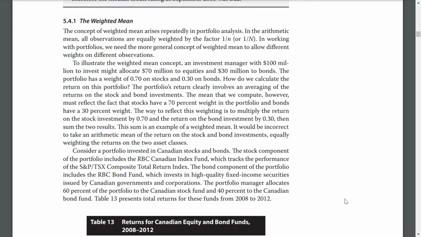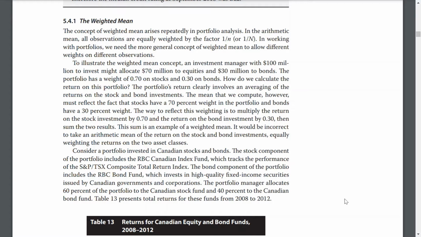The way to reflect this weighting is to multiply the returns on the stock investment by 0.7 and the returns on the bond investment by 0.3, then sum the two results. The sum is an example of a weighted mean. It would be incorrect to take the arithmetic mean of the returns on the stock and bond investment, equally weighing the returns on the two asset classes.